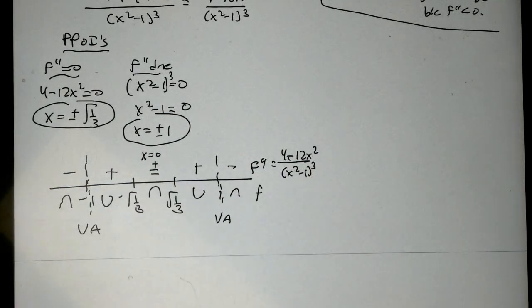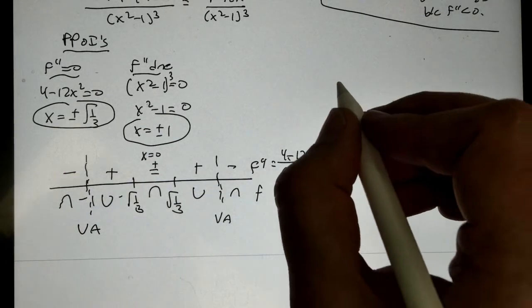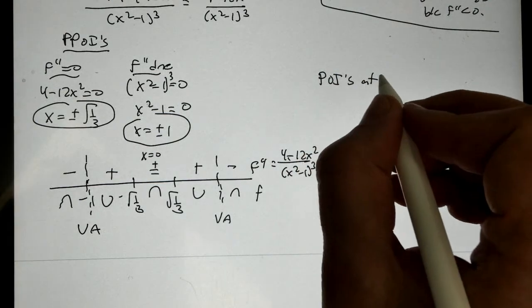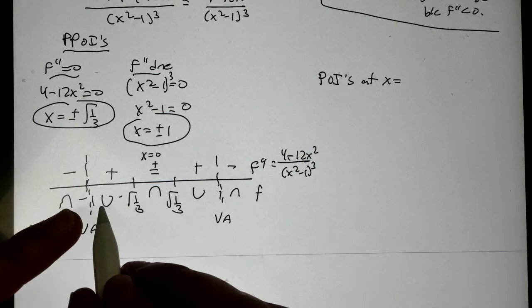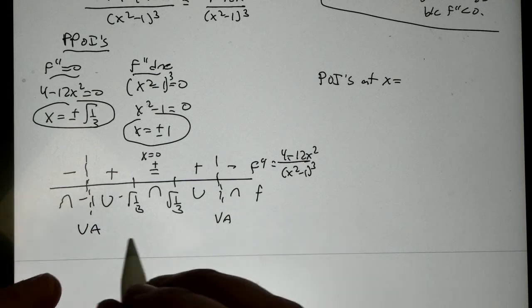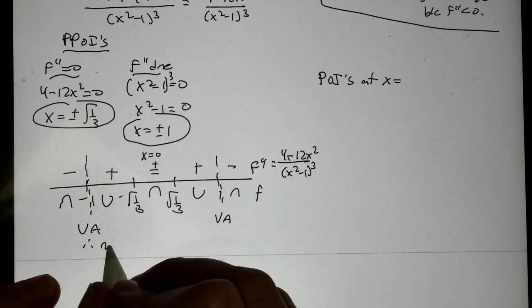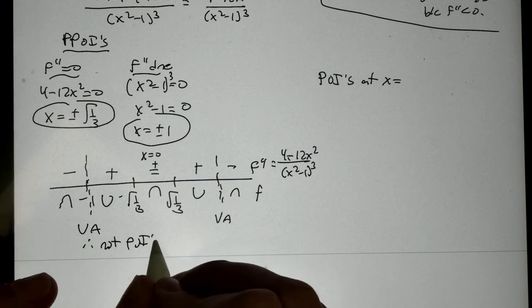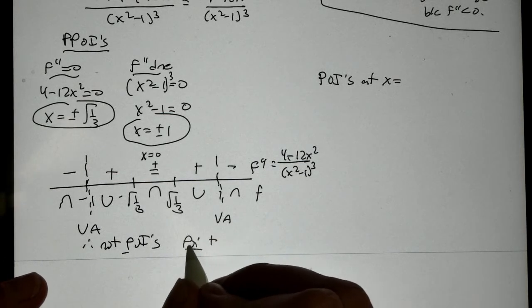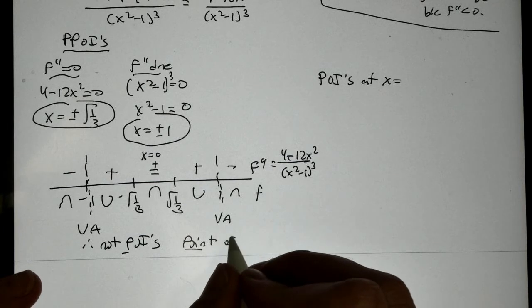And there's our answer. So let's talk about the POIs first. It's a tricky one. We want to say negative 1 and positive 1, but negative 1 and positive 1 are vertical asymptotes. Therefore, these are not POIs. Because what's the key word? It's point of inflection.